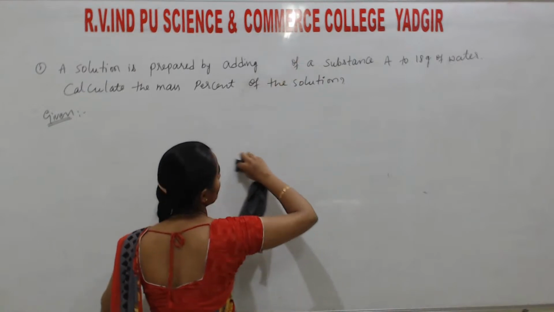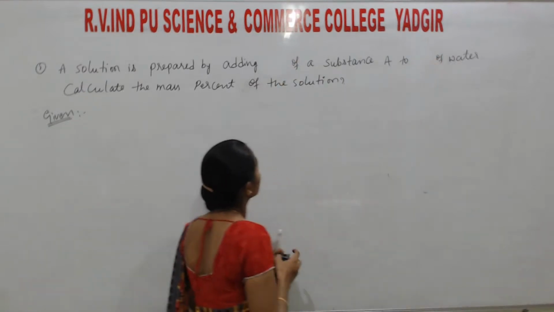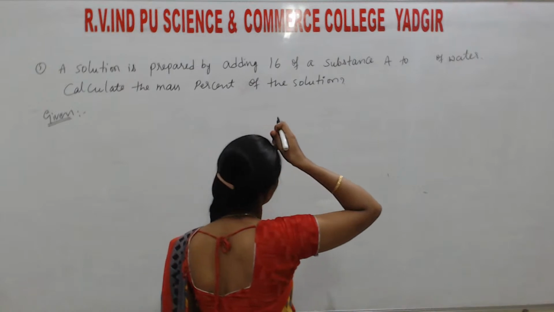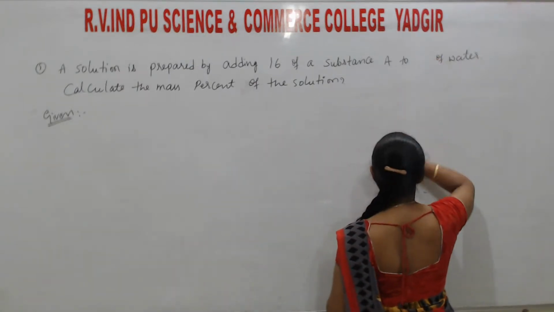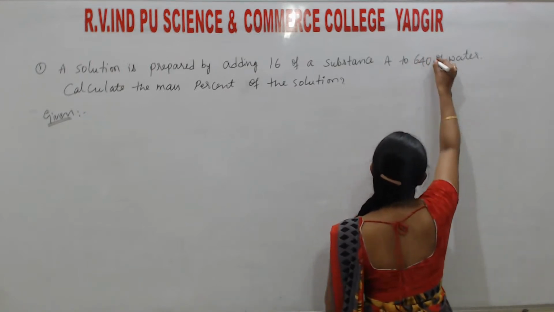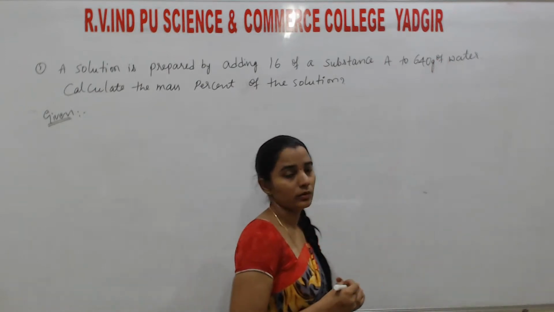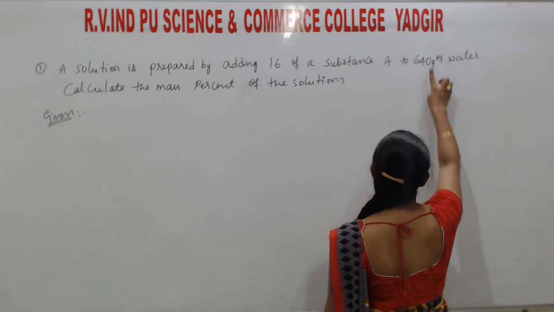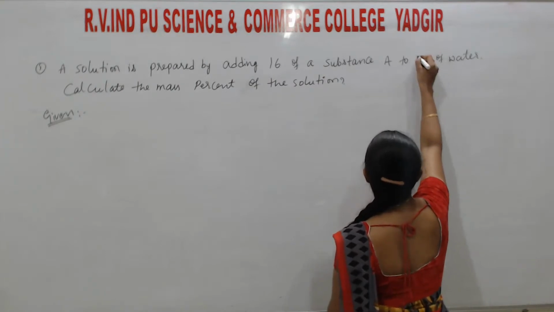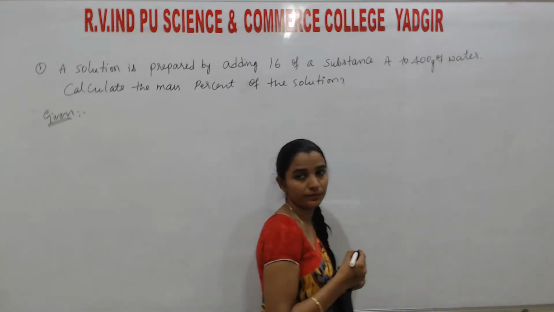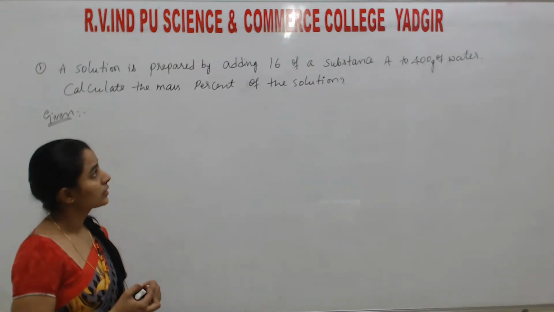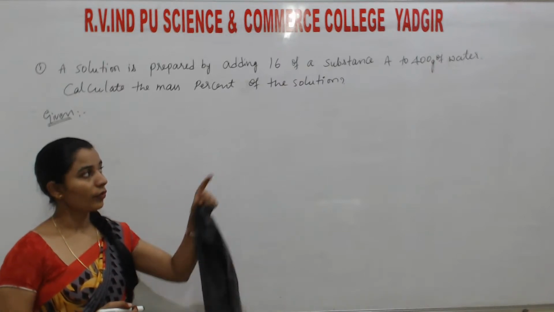Take 16 grams of a substance A dissolved in 400 grams of water.